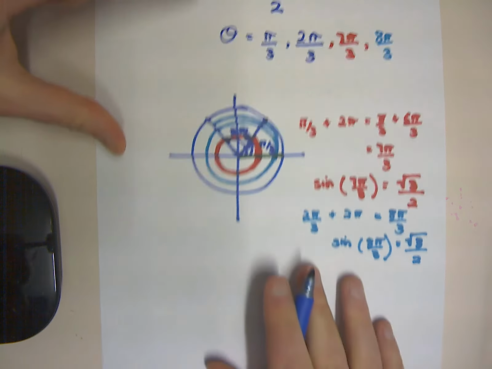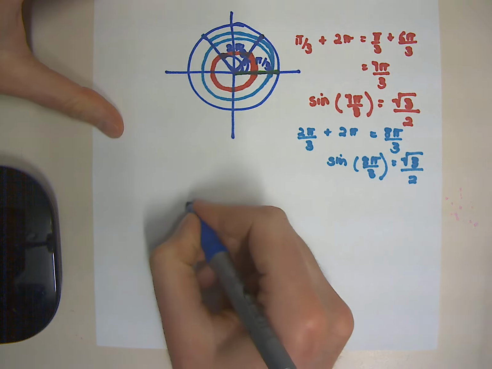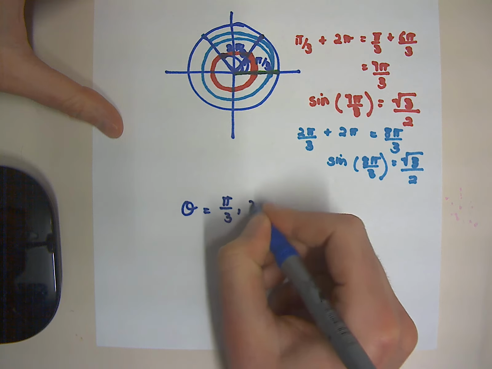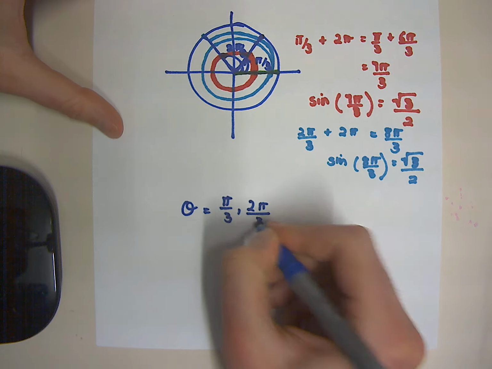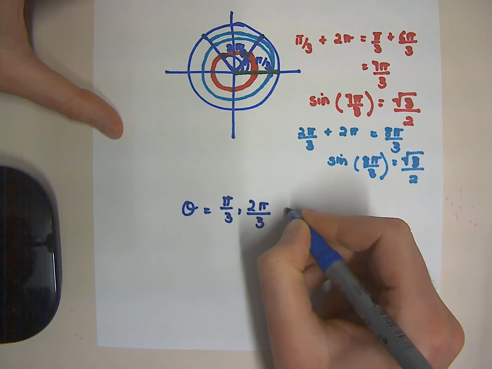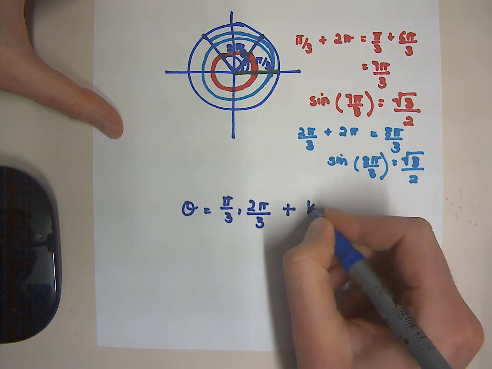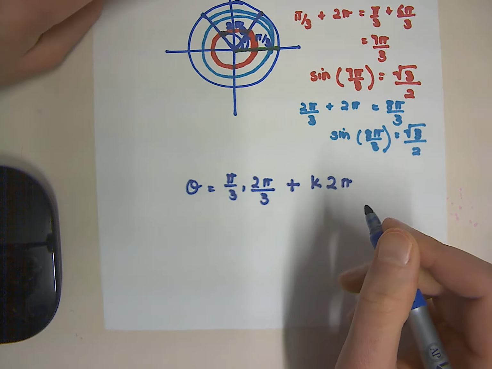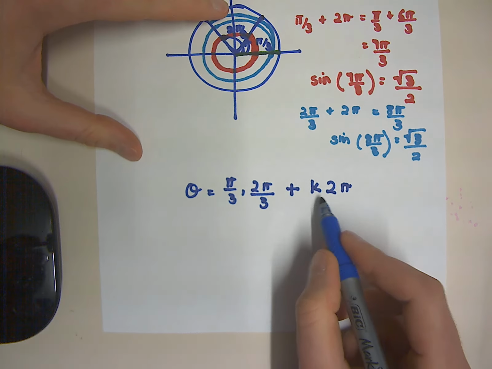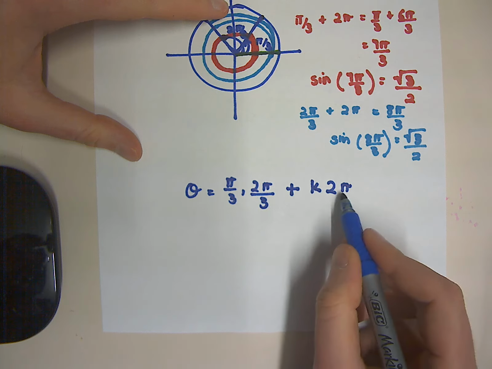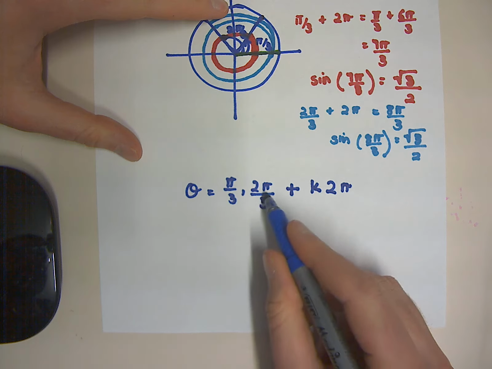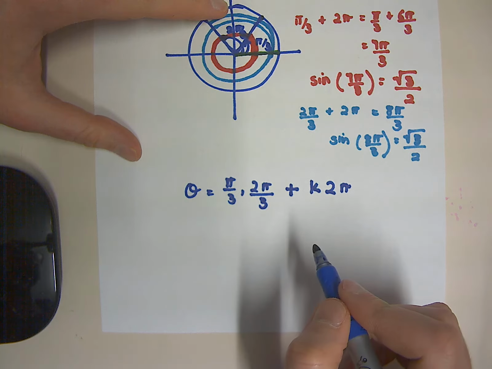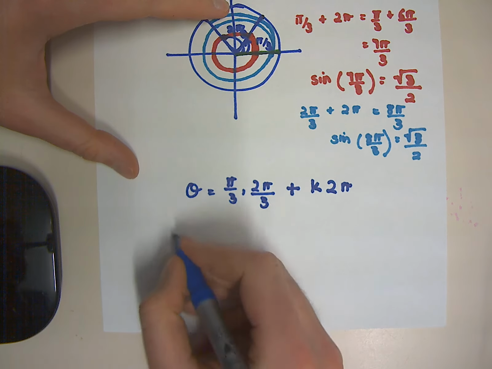Now, we represent that by saying that theta is equal to pi on 3 and 2 pi on 3. We just give the solutions between 0 and 2 pi. And then we say, well, plus k 2 pi. Now, the k means that we can add on another revolution to either of these solutions an infinite number of times, and we'll still get the same sine value.